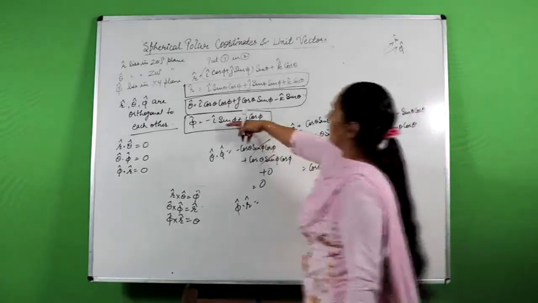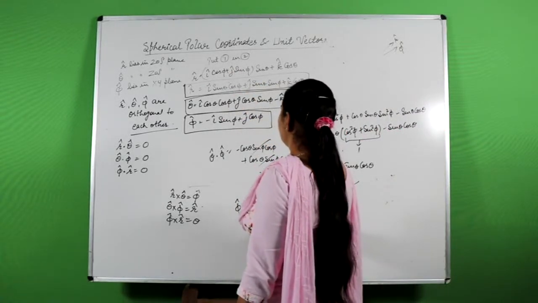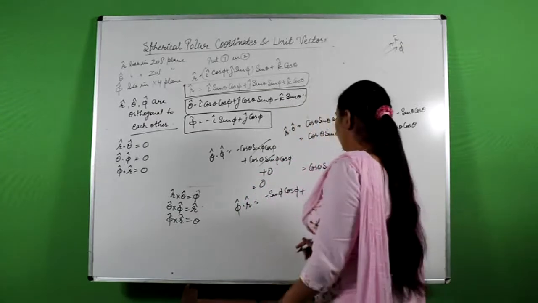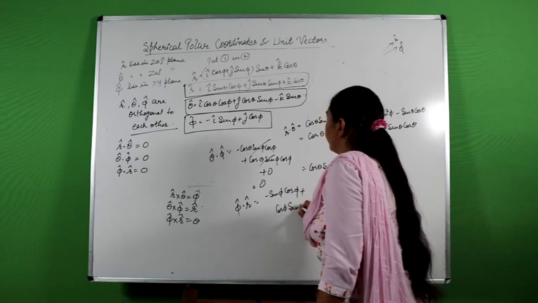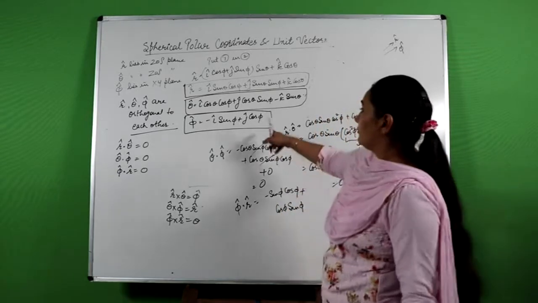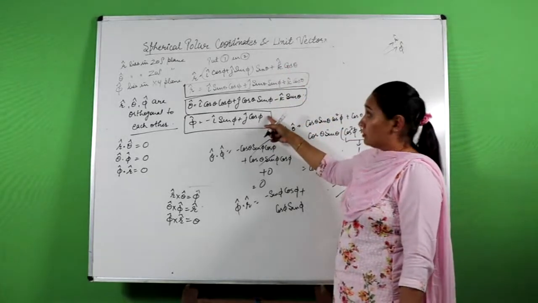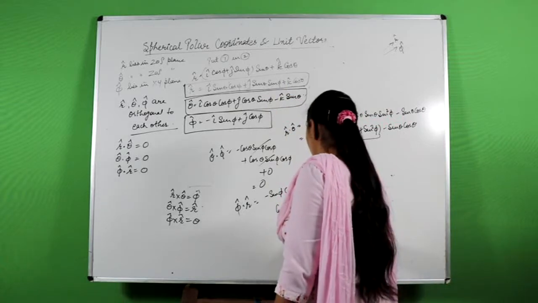Now for phi dot r. If I multiply phi with r, I will get minus sin phi cos phi plus the components of j, cos phi sin phi, and I don't have a k component in phi, so it is 0. So when I multiply with the k cap of r, it will be 0.